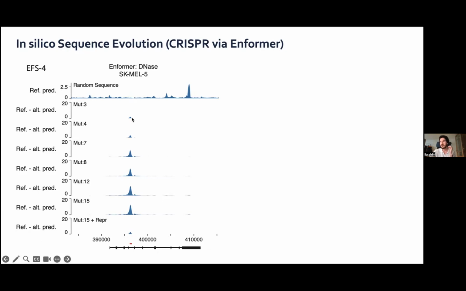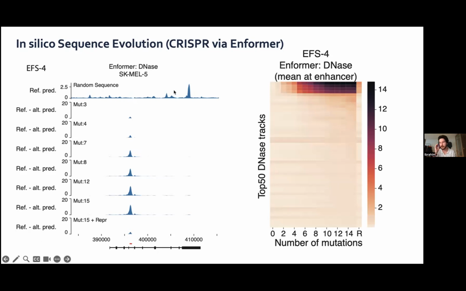As you can see, the more mutations happen during the design process, the more accessible the region becomes. This is DNAse. And when we introduce repressors, the model says it decreases the accessibility as well. In the Enformer model, there are maybe around 600 DNAse tracks from different cell lines and tissues.